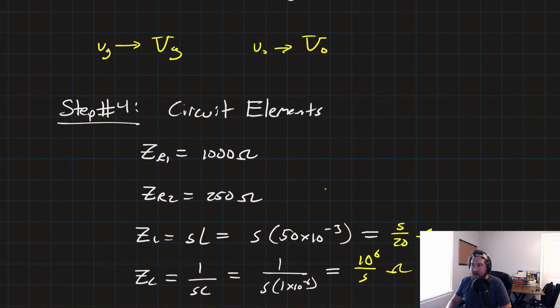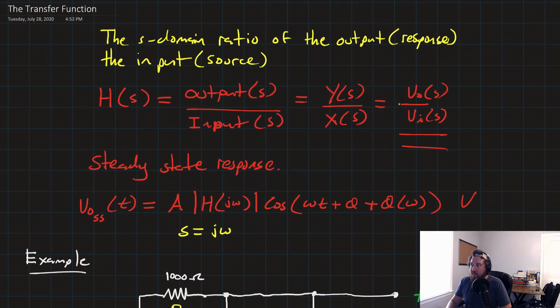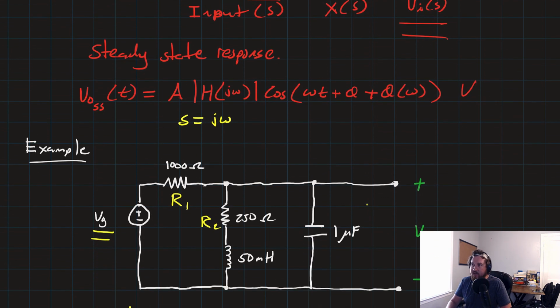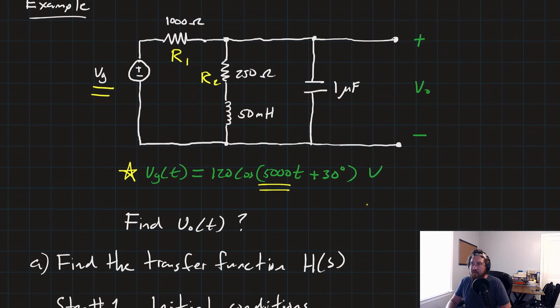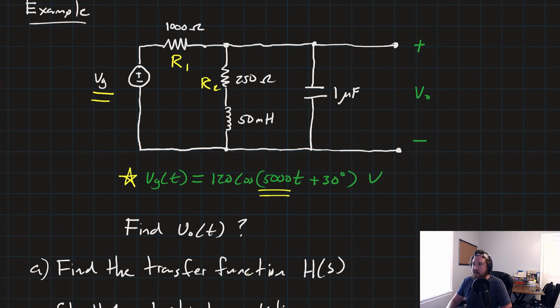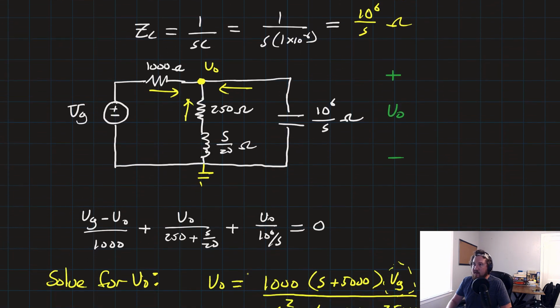So just to recap, the transfer function is pretty simple. It's just the output signal over the input signal. We can apply it to our input sinusoid to get our steady state response. And we just worked an example where you start by doing that Laplace transform method analysis that we talked about in the previous examples, where you go through the process until you get the thing you're looking for.